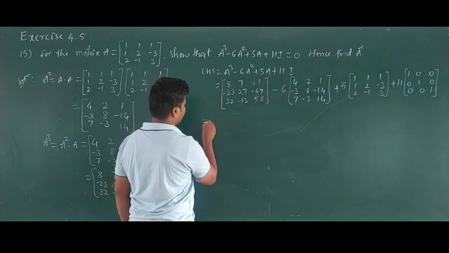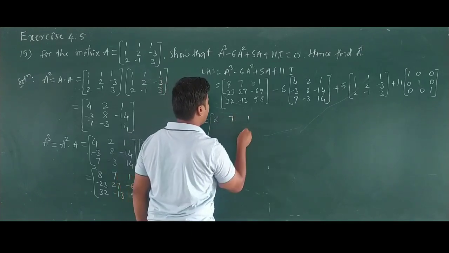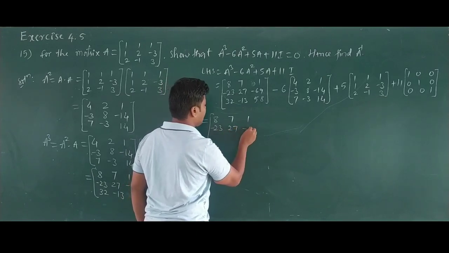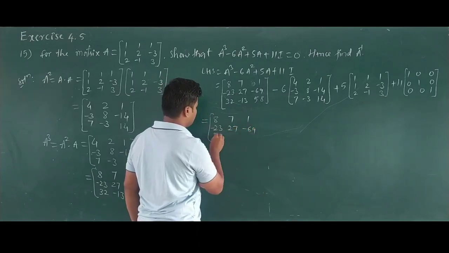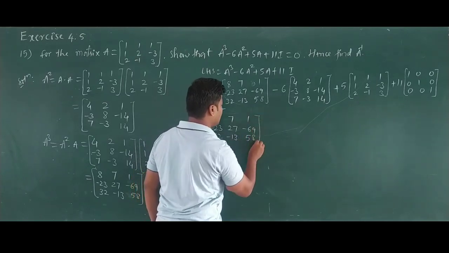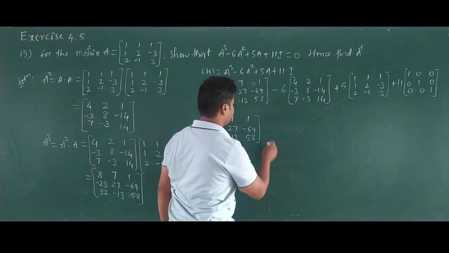This equals 8 7 1, minus 23 27 minus 69, 32 minus 30 58. So multiply this 6 for all these terms.